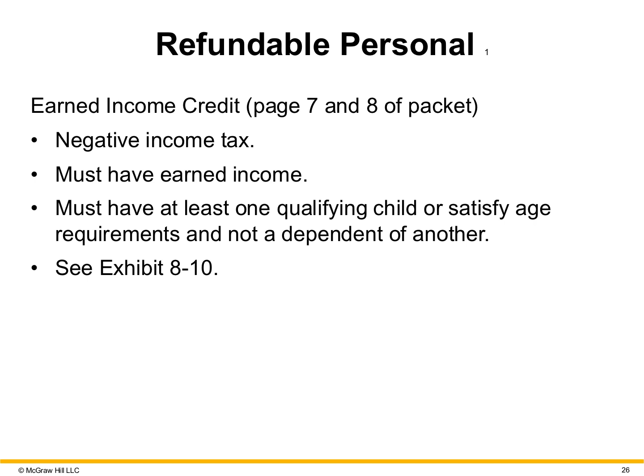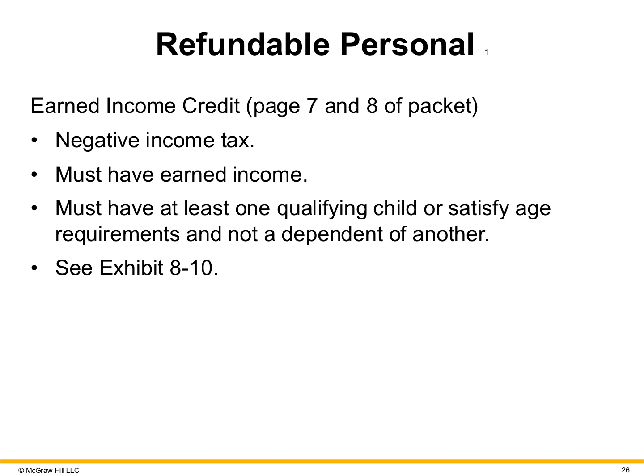And this earned income credit, in order to be eligible for it, you must have earned income and you must have at least one qualifying child, or you have to satisfy certain age requirements and you cannot be the dependent of another taxpayer.